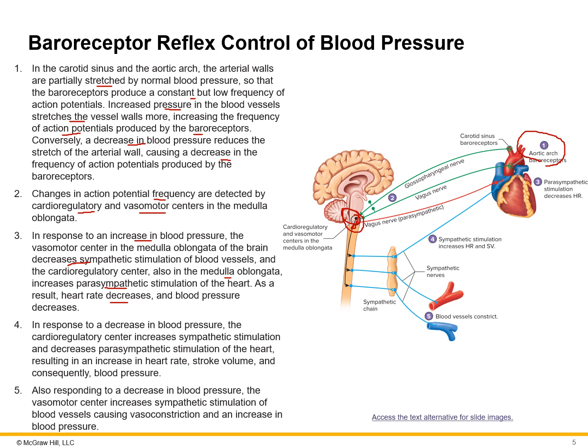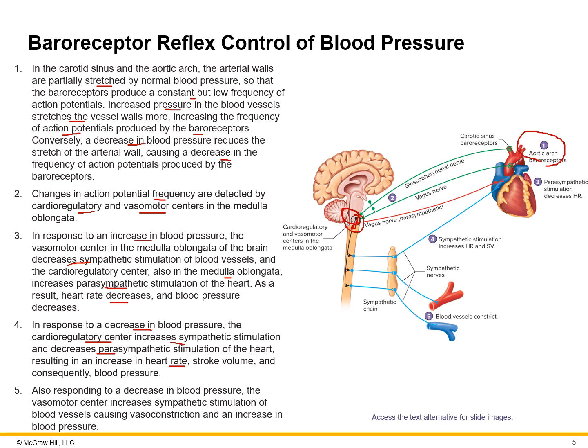pressure. Now, if the blood pressure is low and those baroreceptors decrease the frequency of action potentials, we're still taking that information back to that cardioregulatory center, but now we're going to increase sympathetic stimulation and decrease parasympathetic, which will increase the heart rate, the stroke volume, and therefore the blood pressure.